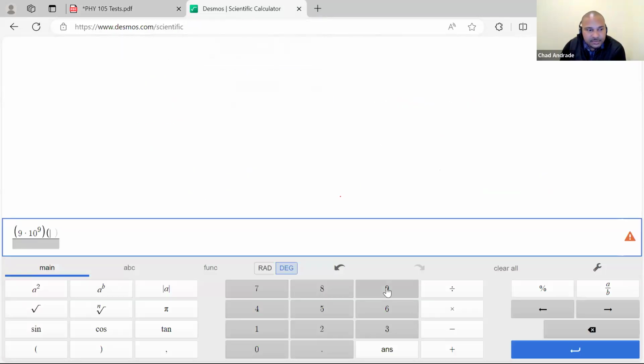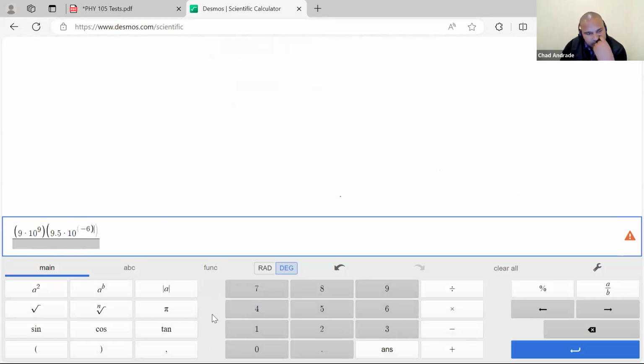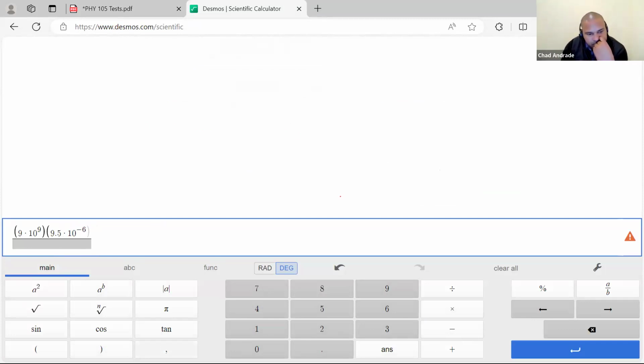So it's multiplied by 9.5 times 10 to the, and this is the tricky part, put minus 6. Times 2.7 times 10 to the minus 6.